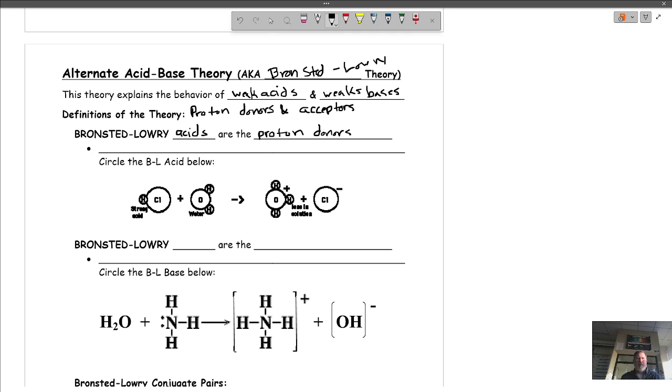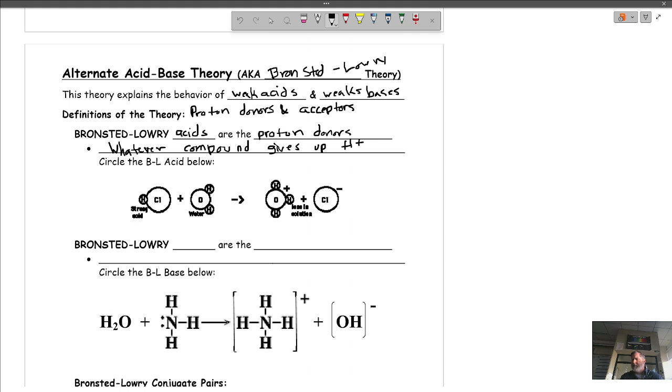That means whichever compound gives up a hydrogen plus ion.